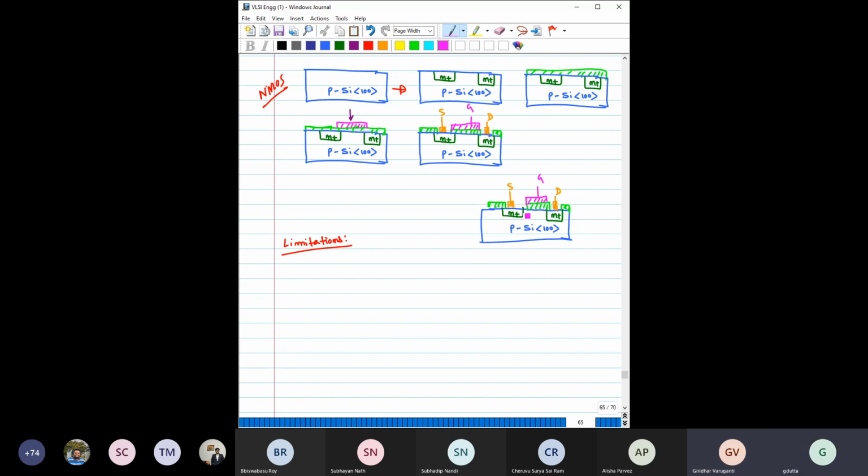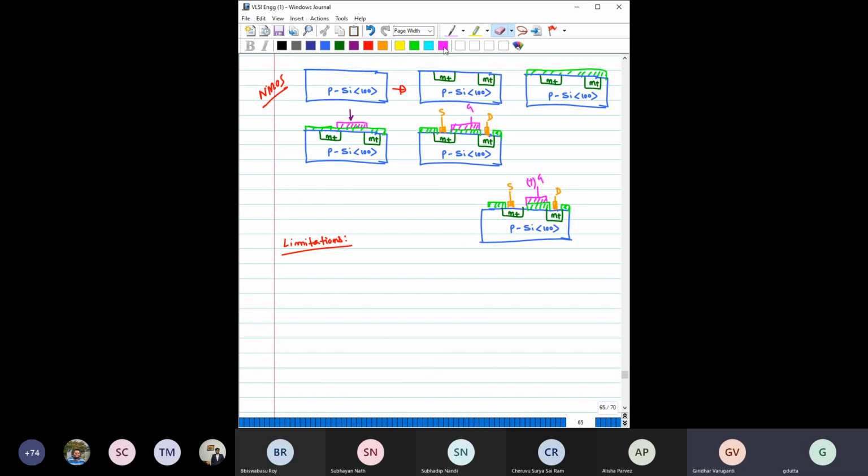Now see what is happening. This gate has not actually overlapped with the source. So when you apply some positive potential, you don't have any channel in this region between source and drain. So it will always be discontinuous. There will be no current. Transistor operation is suspended. For this type of device, the uncertainty in aligning this gate is quite extensive.